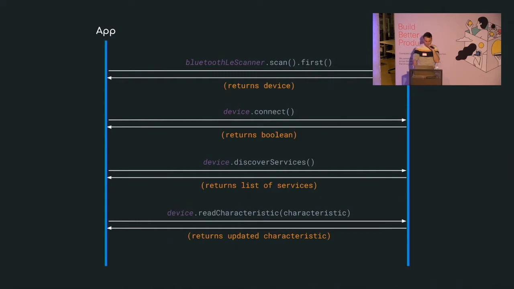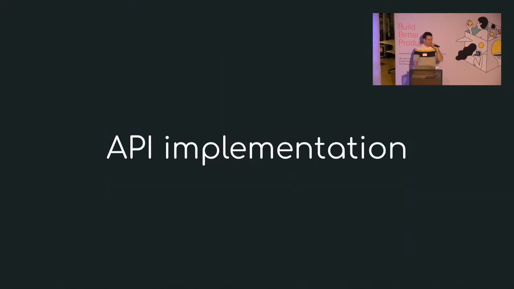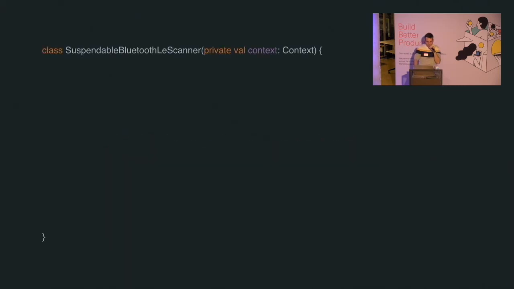And I'm going over the API implementation using coroutines for that. So the whole idea is to wrap all those Bluetooth classes provided by the Android framework into something that can be called that way. Instead of passing callbacks, you just expect your wrapped APIs to return results instead.